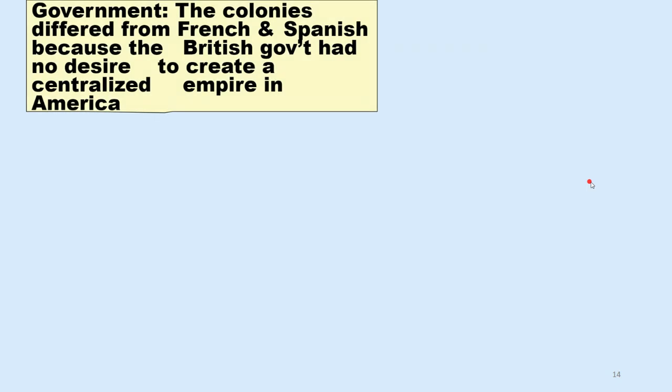Now, the colonies differed from the French and Spanish because the British did not want to set up a really centralized monarchy here or a centralized empire. Remember, we talked about the Spanish and the French being top down from the king down.